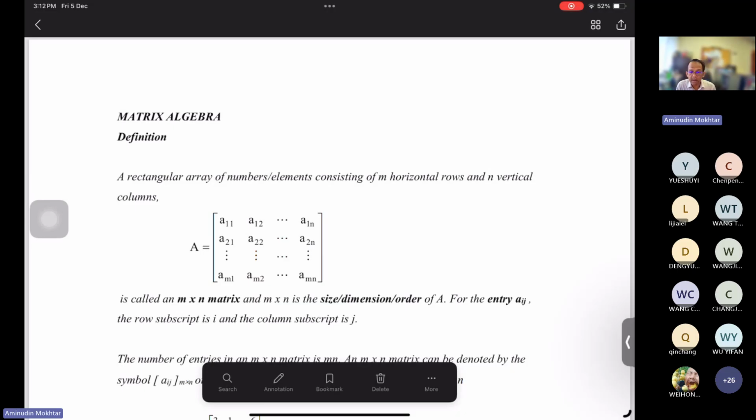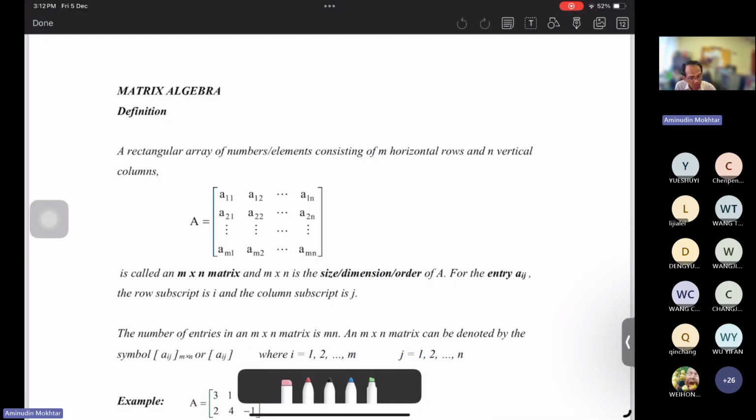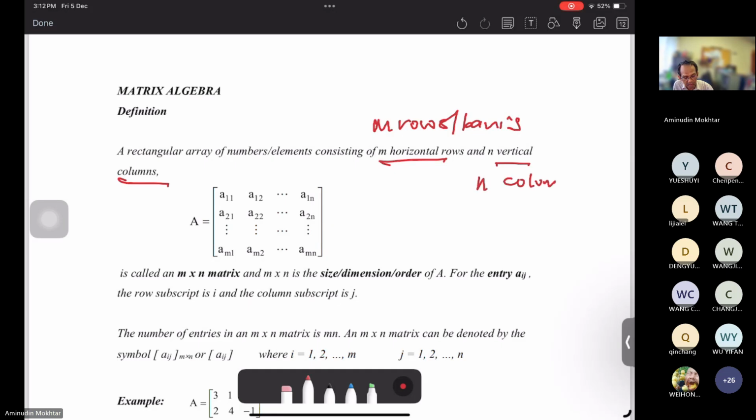By definition, matrix algebra refers to the rectangular array of numbers, satu susunan nombor or elements, consisting of m horizontal rows, satu baris m baris yang melintang, and also n vertical columns. M rows or baris and n columns or lajur. In a matrix, there is a number of columns and a number of rows.